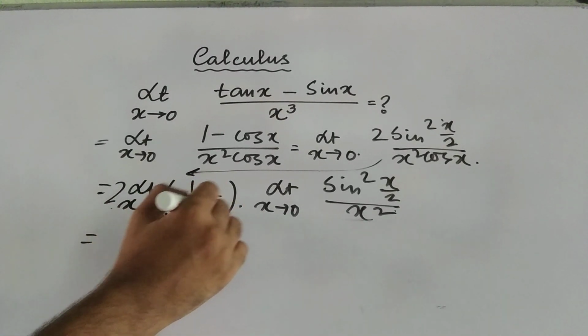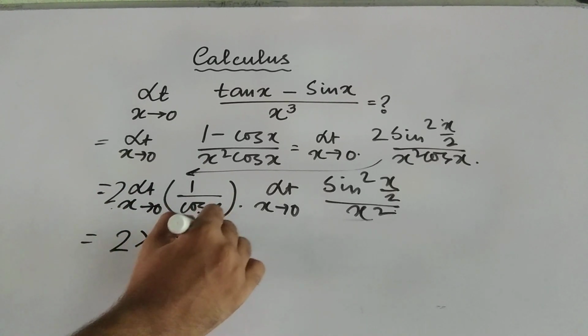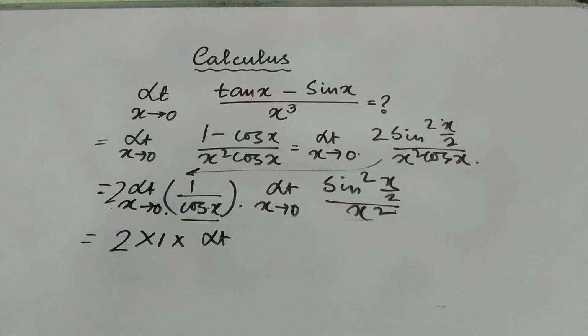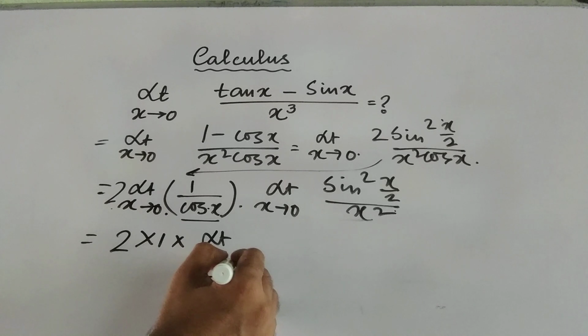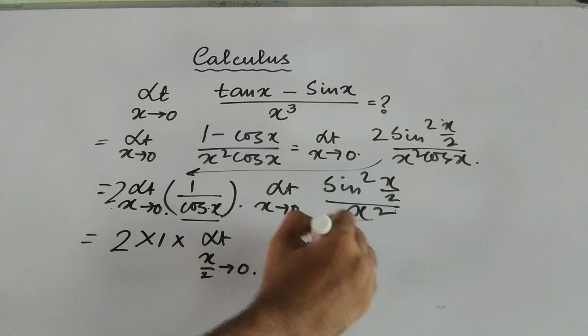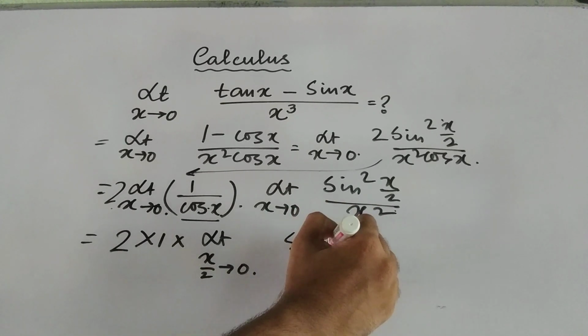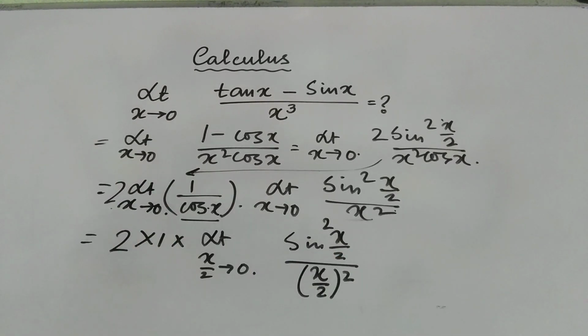Cos 0 is 1, so it becomes 2 into 1 into limit x tends to 0. If x tends to 0, then x by 2 also tends to 0, right? So I can write it as sin square x by 2, and similarly I am writing x by 2 whole square in the denominator.